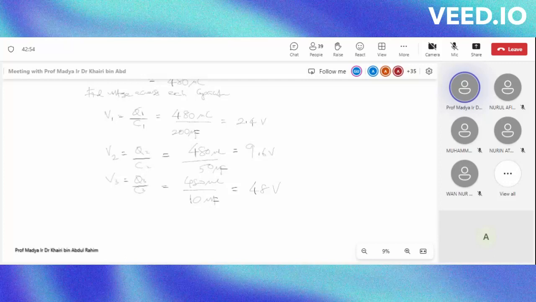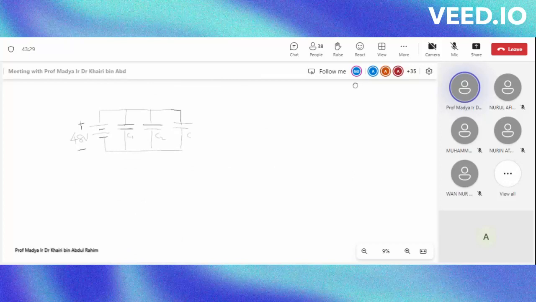Okay, let's try for parallel, okay? Parallel. So let's say it's 48 volt. This is C1, C2, C3.